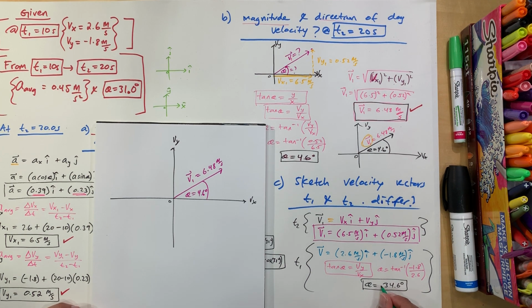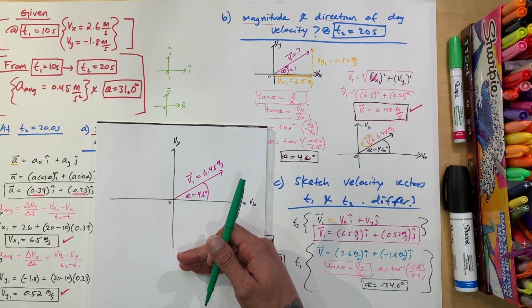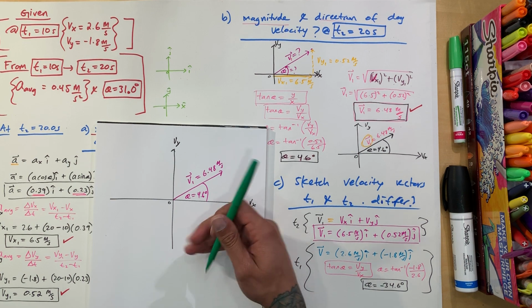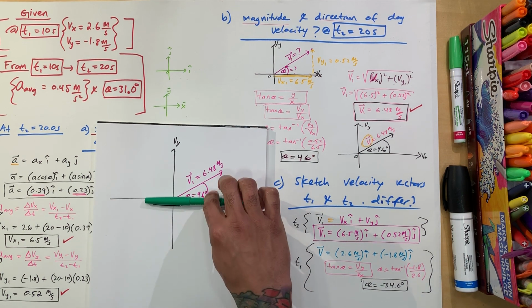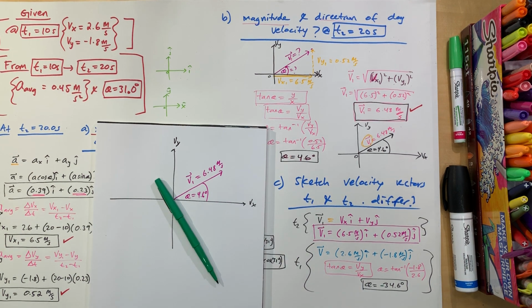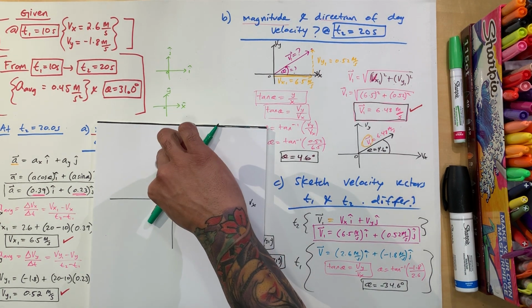Oh, and this is negative, sorry, because you have negative 1.8 over 2.6. So when the degrees is negative, you go clockwise. So you go down like this, 34 degrees, okay? And when it's positive, you go counterclockwise.